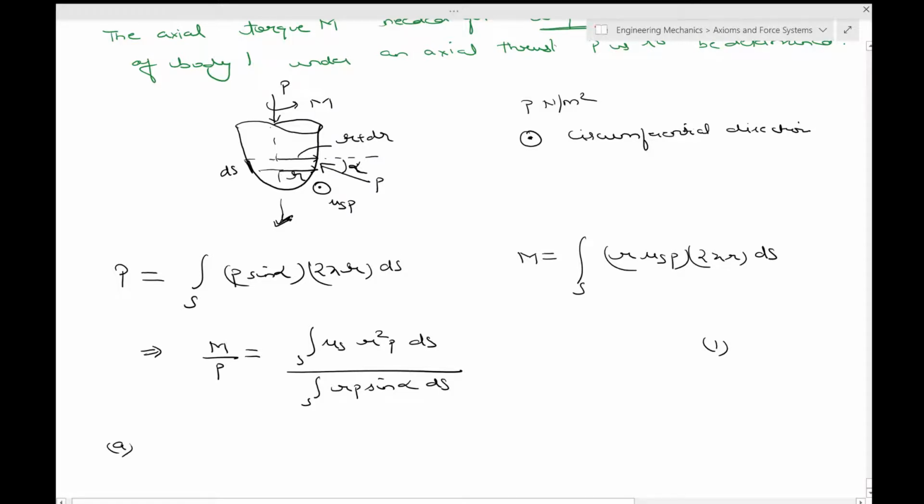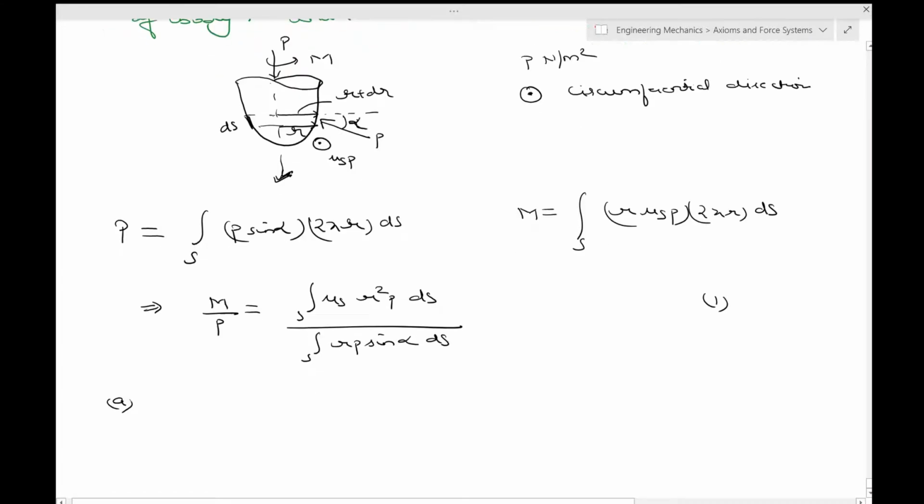So this is the generic case. Now this shape which you are seeing over here will be specific now. So let's start with the conical bearing.